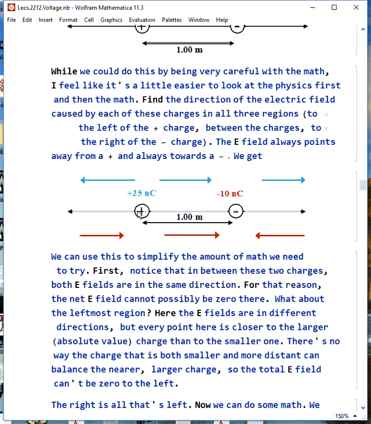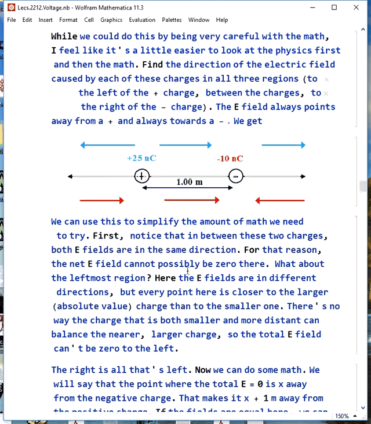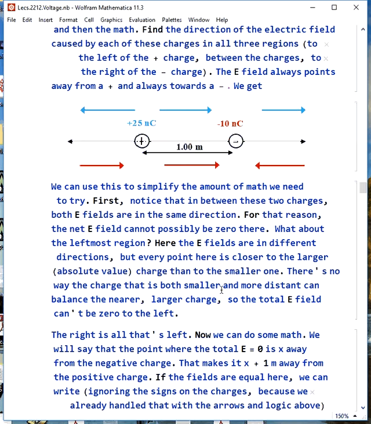So if you're always closer to the bigger charge, there's no way the little charge is ever going to be able to cancel it out. The only place we could possibly have E equals 0 is on the right side, where the little charge, we make up for it by being closer to the little charge than the big charge. So the right is our only choice.